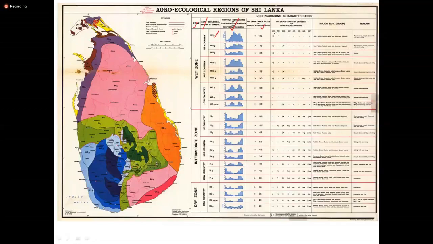The monthly rainfall pattern and the major soil type are also developed. That is also one of the characters used to classify these agroecological regions. And terrain pattern is another factor included in this classification. Understand? So we should study all the factors for the classification.